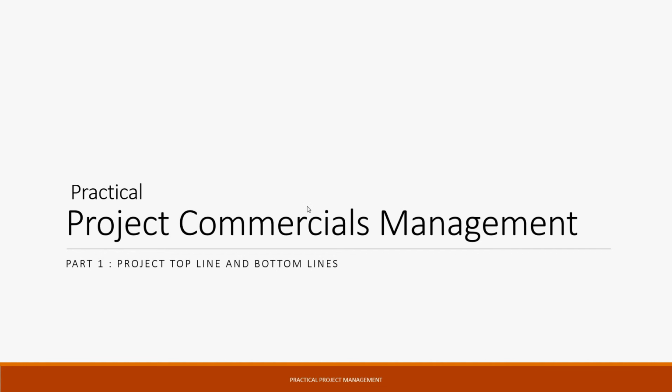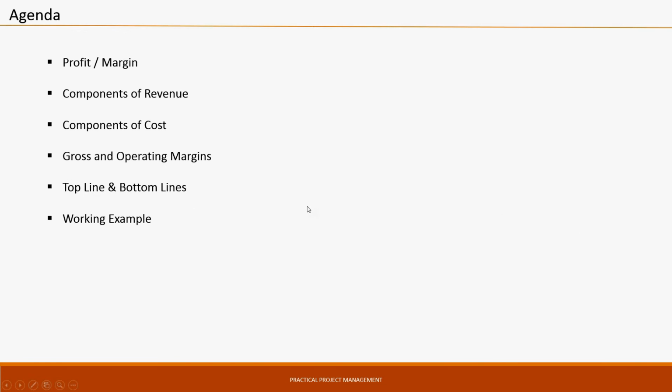So let's move on to the agenda slide. In this session we are going to discuss the profit margin, which is important for running your business. What does it mean by profit or margin? What are the different components of revenue, the different components of cost, and what do gross margin and operating margin of your project mean?